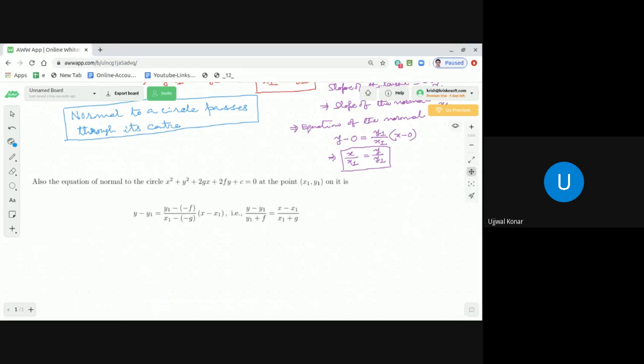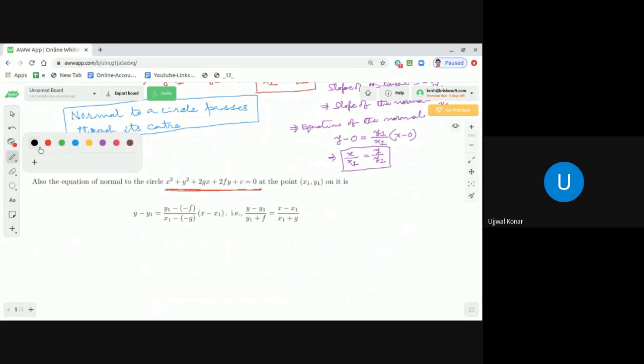So dear students, if you look into it, here the equation of the circle is the general equation, that is x square plus y square plus 2gx plus 2fy plus c equal to 0, and it passes through a point we took as x1 comma y1.